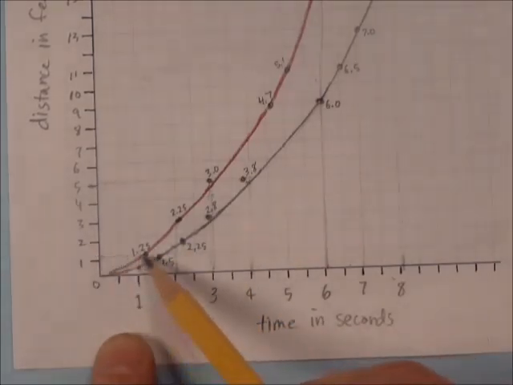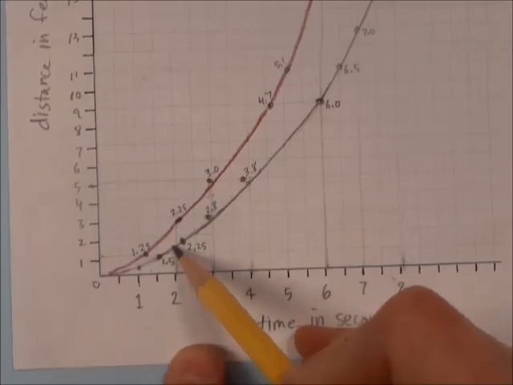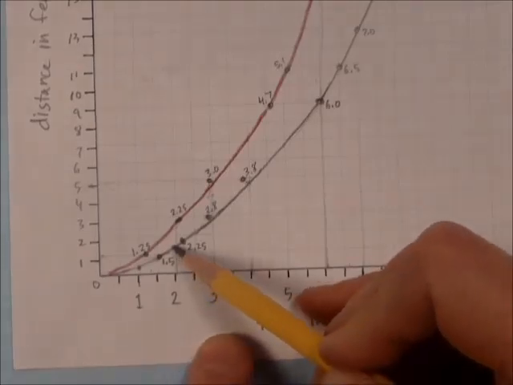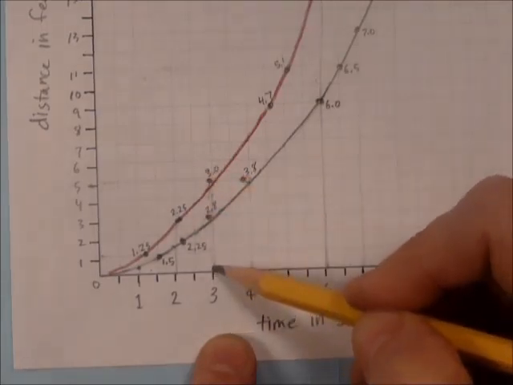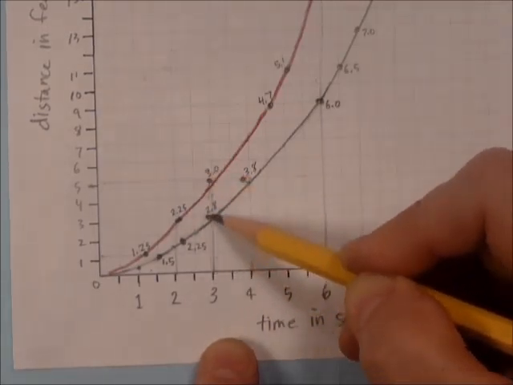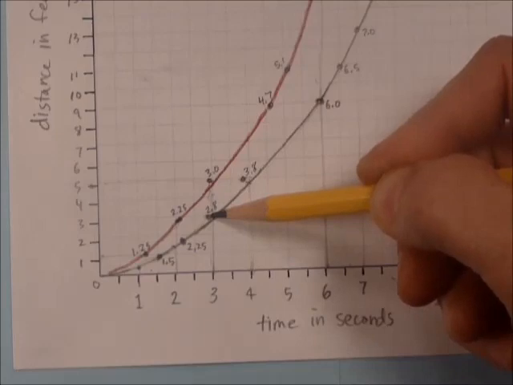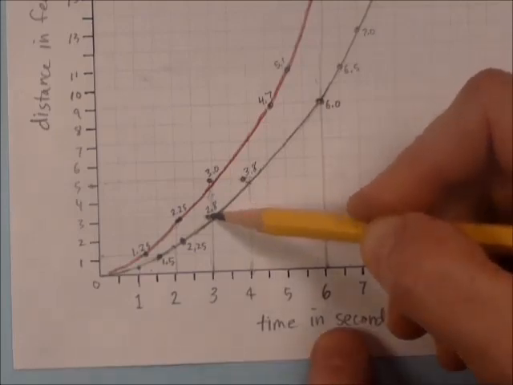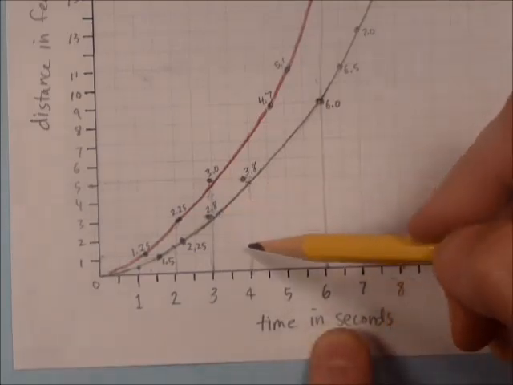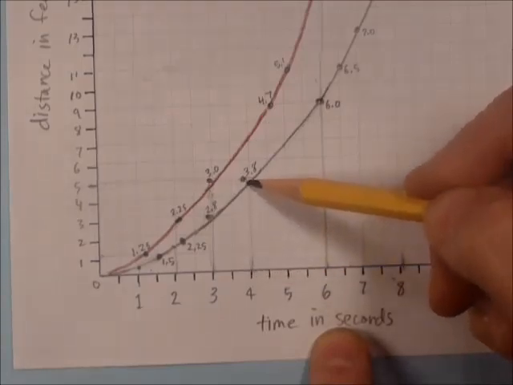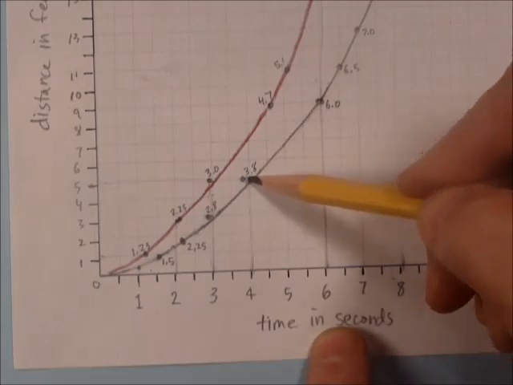It's a little over the 1 mark here. And at 3 seconds, we should hit at 3 feet. It just about does. At 4 seconds, we should hit at the 5 foot mark. We go up, yeah, right about here. It's not exact. It's a little bit low, but it's in the ballpark.